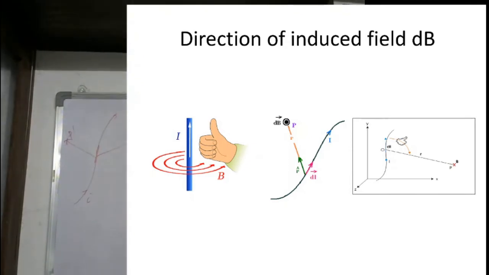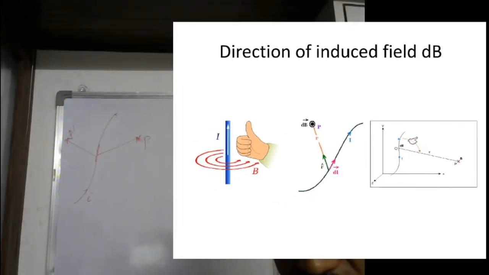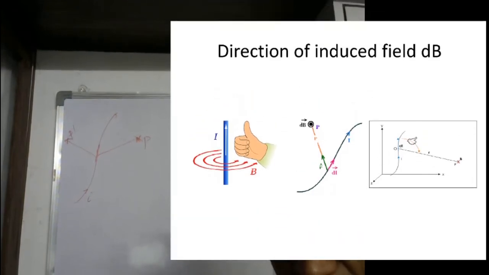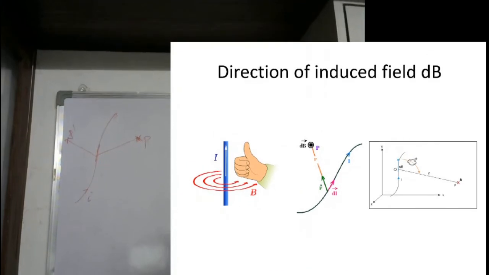In both cases, you have the directions at that point. Here, the direction of the magnetic field at that point is sometimes shown in the slide. What will be the direction of the magnetic field if you are choosing a point at this P? What will be the direction of the magnetic field if your point is P prime? How to find the direction?